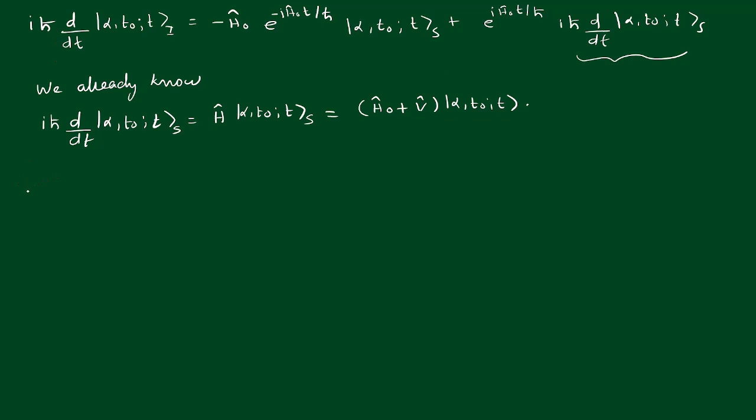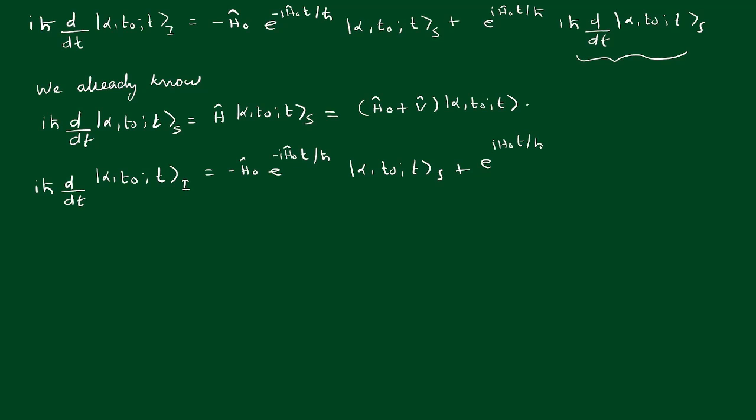So from here we see that i h cross d by dt of alpha t0 t in the interaction picture is equal to, first term I just write like that, minus H0 e raised to minus i H0 t by h cross alpha t0 t, plus e raised to i H0 t by h cross.